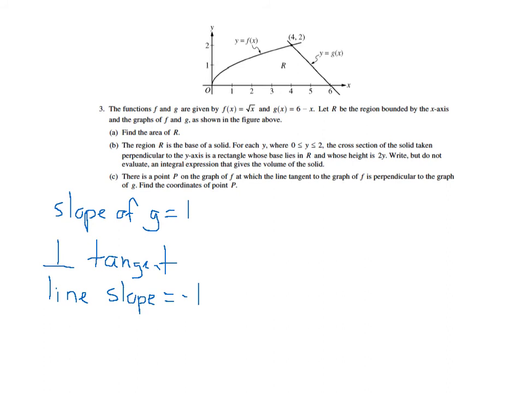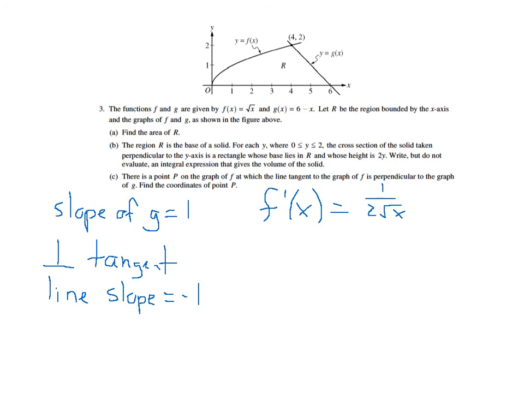So we just need to find a place on f where the slope is -1. I need to set the derivative, which tells me the slope of the tangent line, equal to -1. So we'll start by looking at the derivative of f. Since f of x is the square root of x, which can be written as x to the 1/2, then f prime of x using the power rule is 1 over 2 times the square root of x.